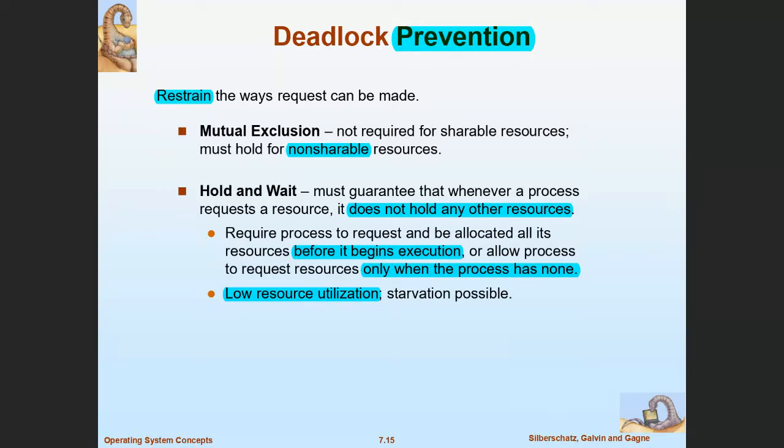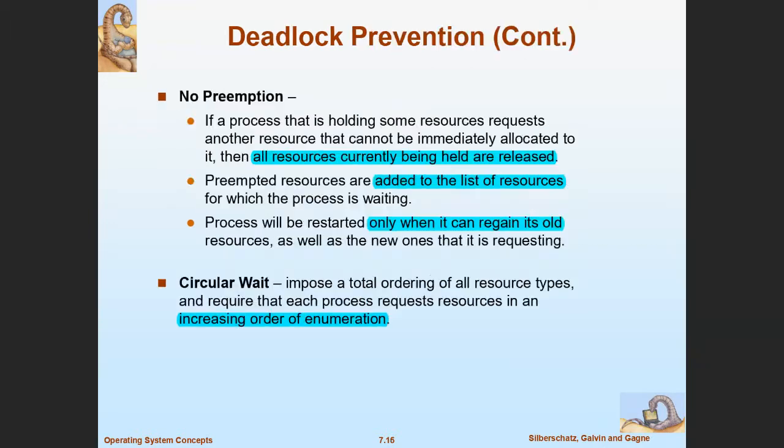The problem of this solution is low resource utilization, and starvation is still possible. No preemption. If the process is holding resources and cannot immediately allocate another, all resources currently being held are released.